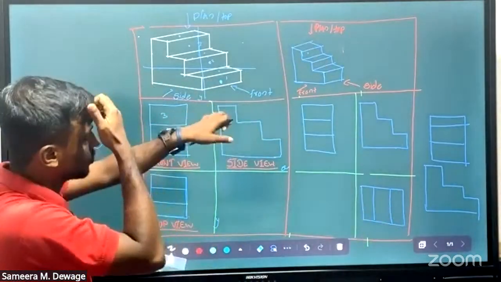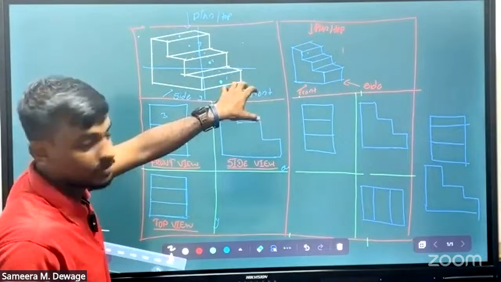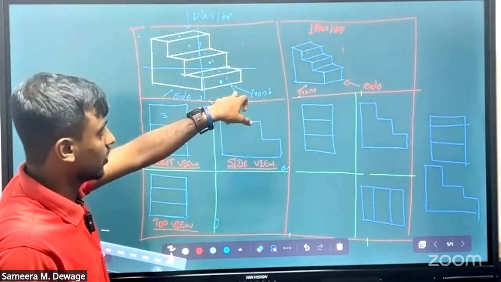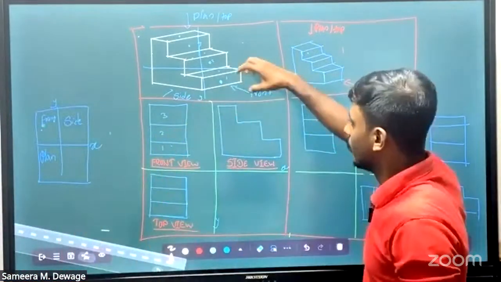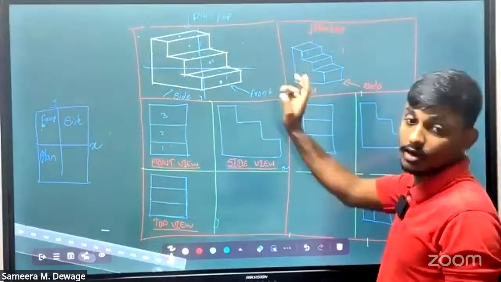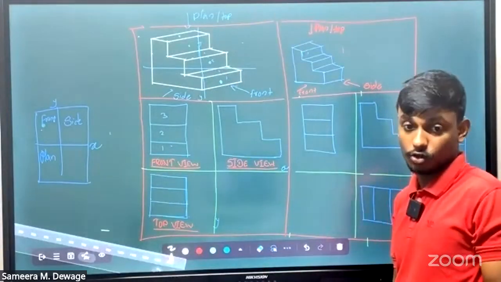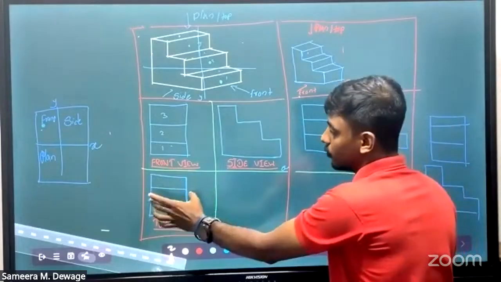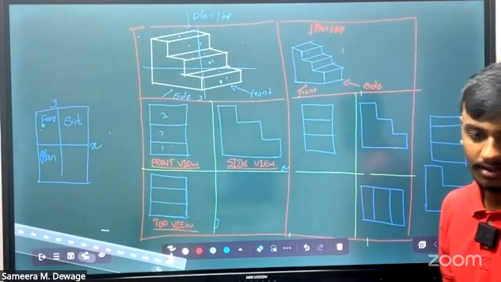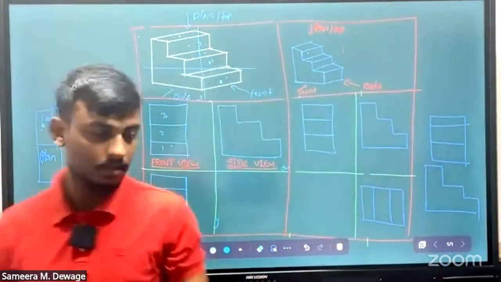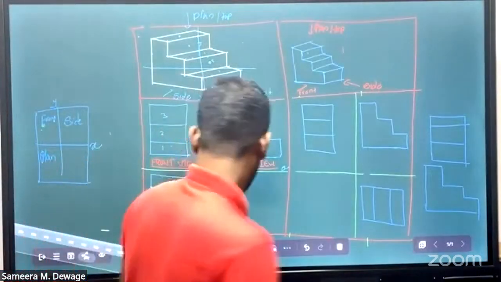So here also the same. We place a ladder on the front side and climb up and observe the top view. That view you need to draw here.